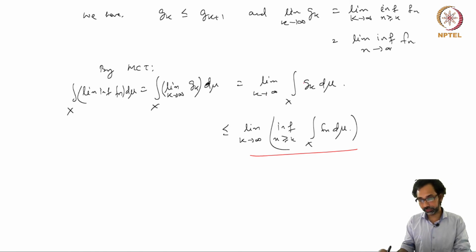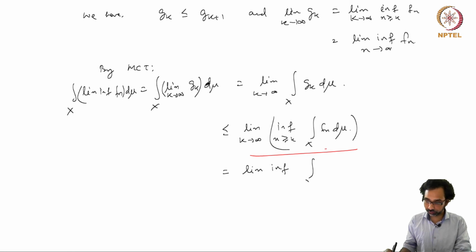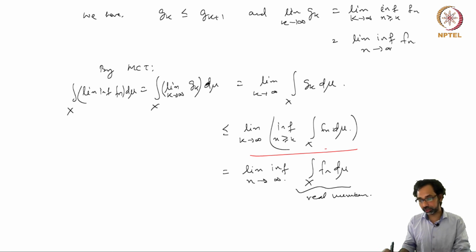And this is again nothing but the lim inf of the numbers. So these are real numbers, and by definition of lim inf, this is nothing but the limit as k goes to infinity of the infimum over n greater than or equal to k.